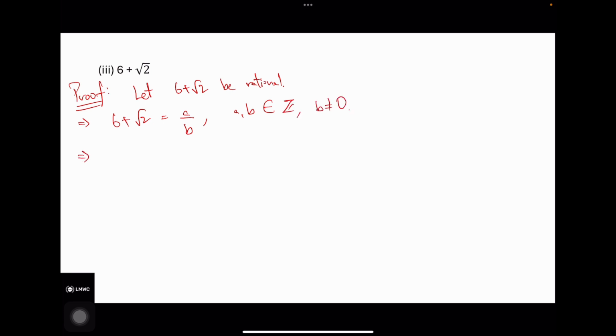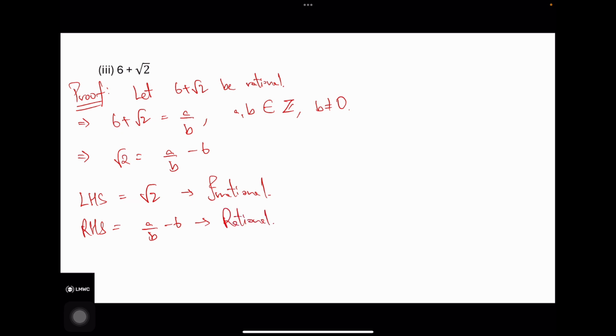Separating the rational and the irrational on the left hand side, root of 2 equals a by b. 6 is a positive number, so this will become a negative number. So LHS equals root 2, which is irrational, and RHS equals a by b minus 6, which is rational.